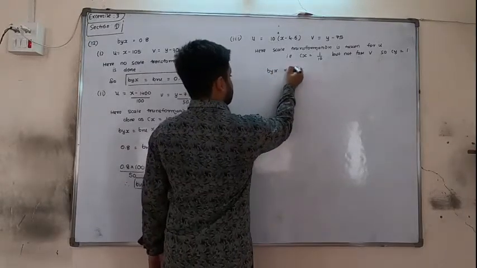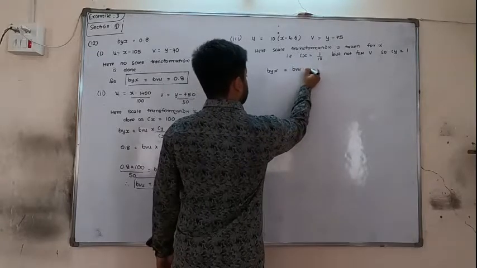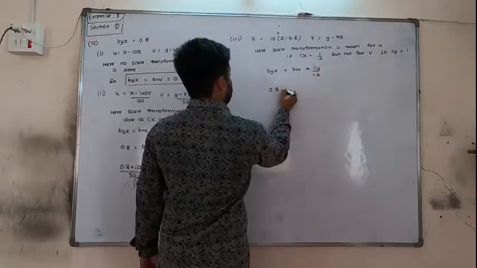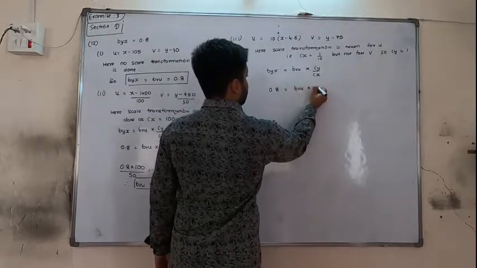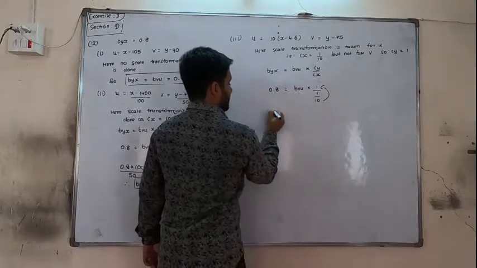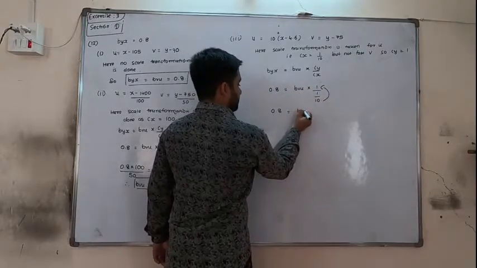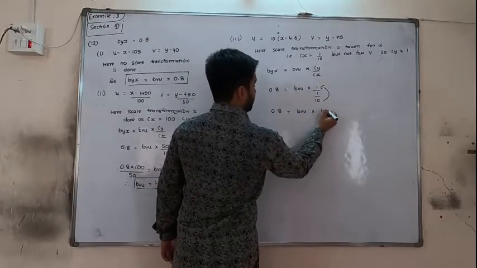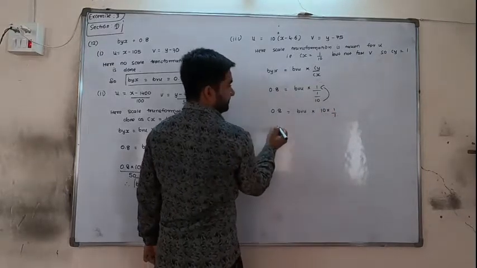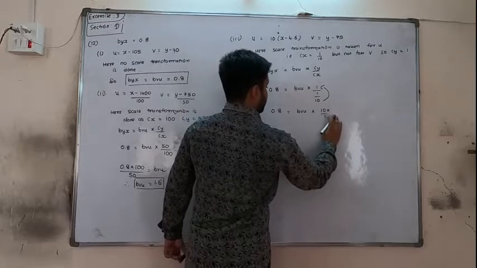Byx is equal to bvu multiply Cy by Cx. 0.8 is equal to bvu multiply 1 divided by 1 by 10. So this will go up. 0.8 is equal to bvu multiply 10 into 1 by 1.